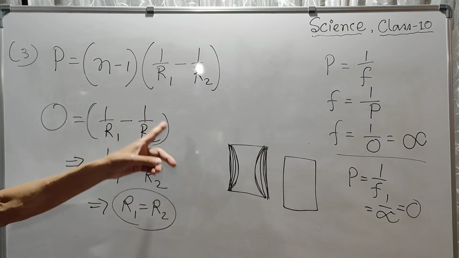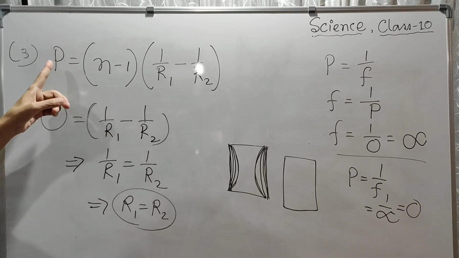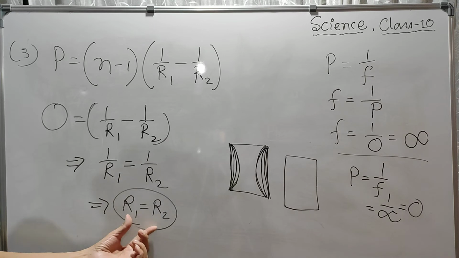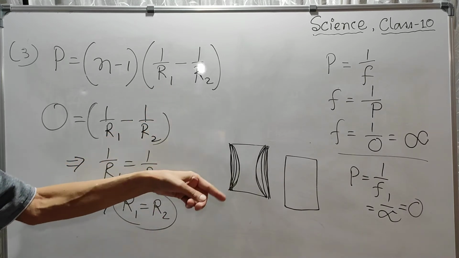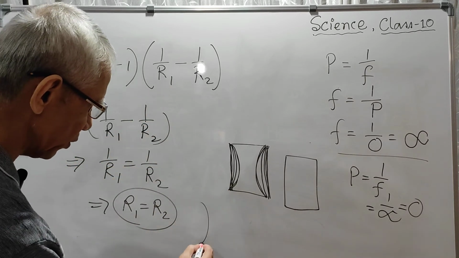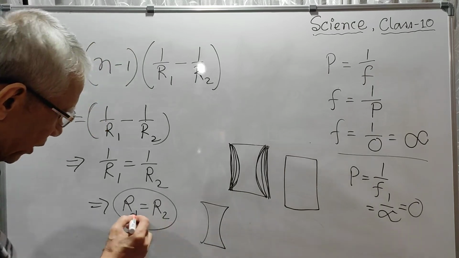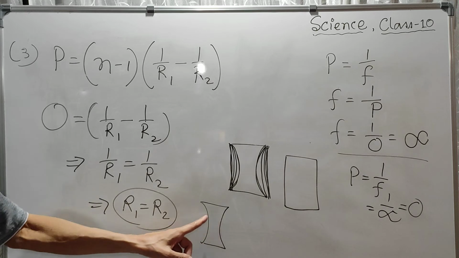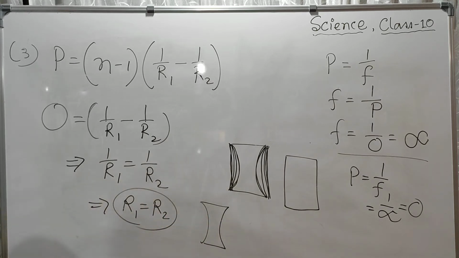So in order to give the lens a 0 power, what must we do? We must choose a lens so that the two refracting surfaces have the same radius of curvature. This surface and this surface, both the refracting surfaces have what? Radius of curvature equal. All right.